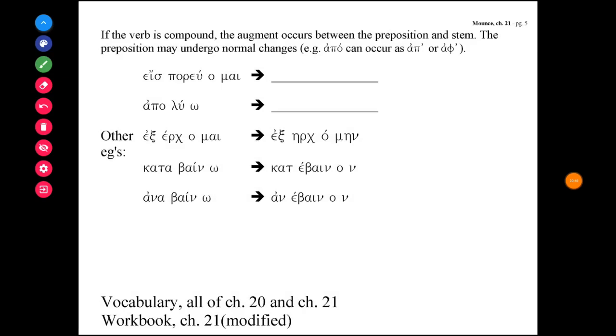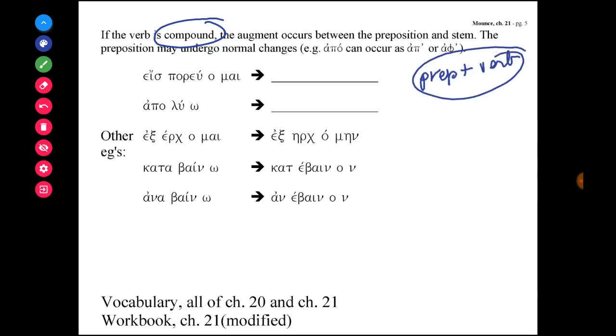The last augment rule has to do with what we call compound verbs. A compound verb in Greek is when you add a preposition to a verb, and together it forms a new word. So for εἰσέρχομαι, for example, you have the verb ἔρχομαι, you have the preposition εἰς.